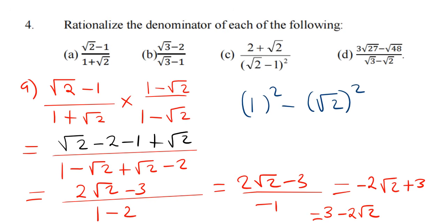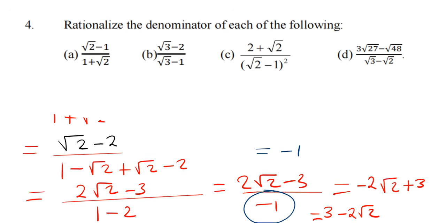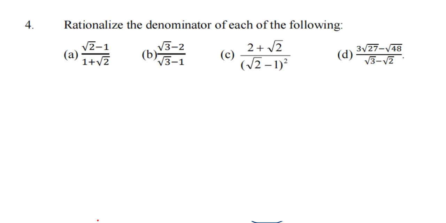So that you don't waste a lot of time, 1 squared is 1, minus root 2 squared, the square and the root will cancel, so I'm going to have a 2. 1 minus 2 gives us a negative 1. That's how we're able to have a negative 1 there. And this is the method we're going to use throughout all these other questions, because it's faster.